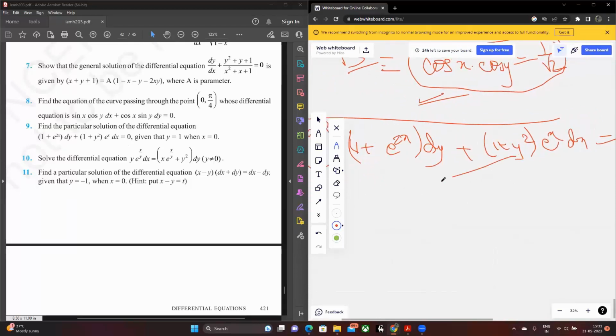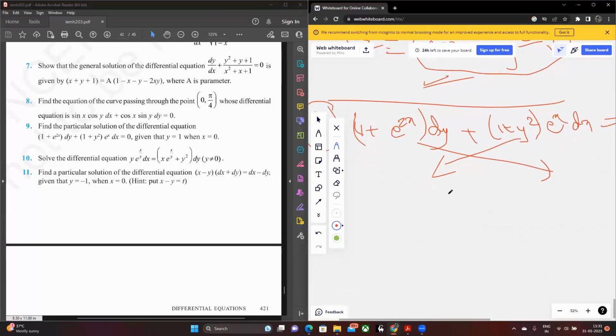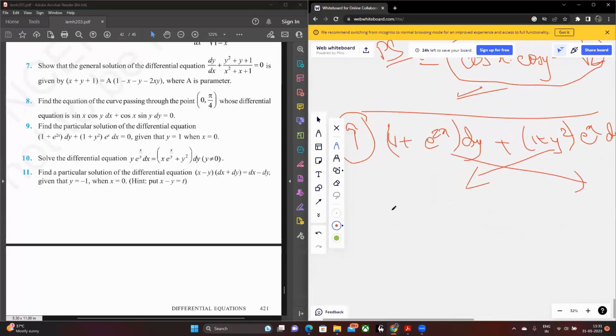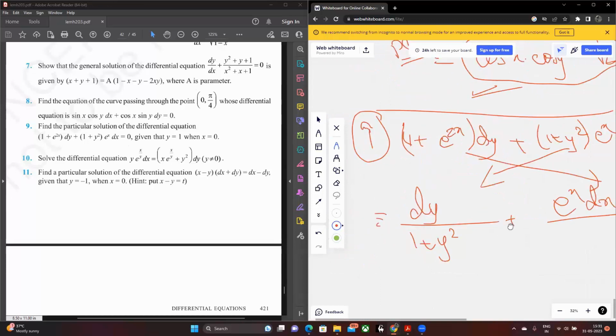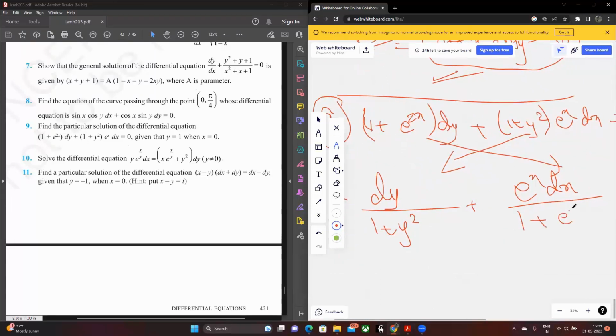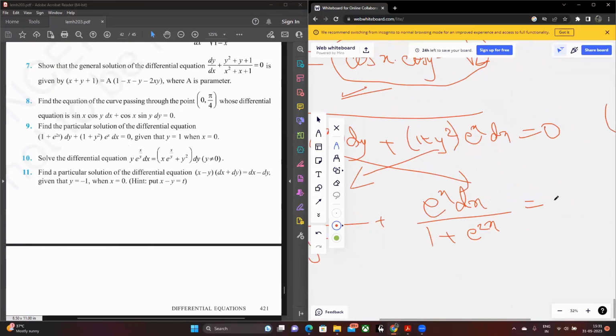I'm going to divide this by 1 plus y squared and 1 plus e power 2x. So this is equivalent to dy divided by 1 plus y squared plus e power x dx divided by 1 plus e power 2x equaling 0.